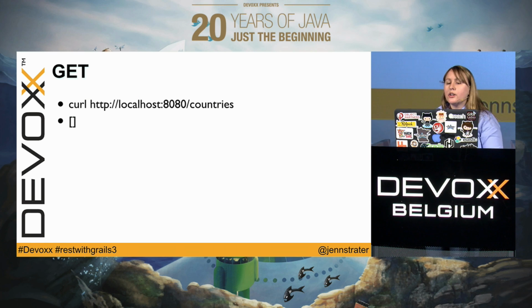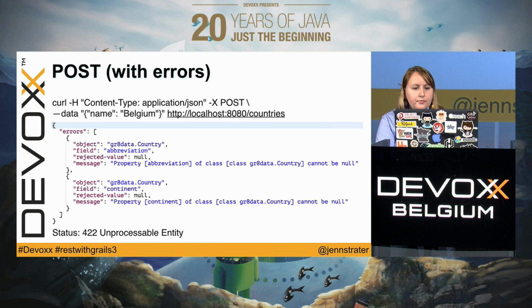If I start out and try to do a GET, it establishes that the URL mapping is on /countries, but I haven't created anything yet, so of course we'd expect it to return the empty list. The next thing I tried was a POST, to create a new country. Since we're in Belgium, I'm going to use Belgium as an example.